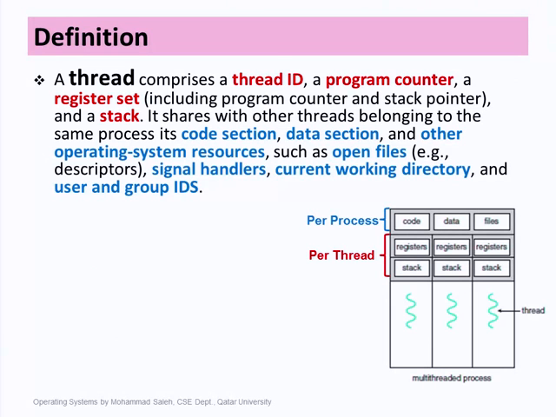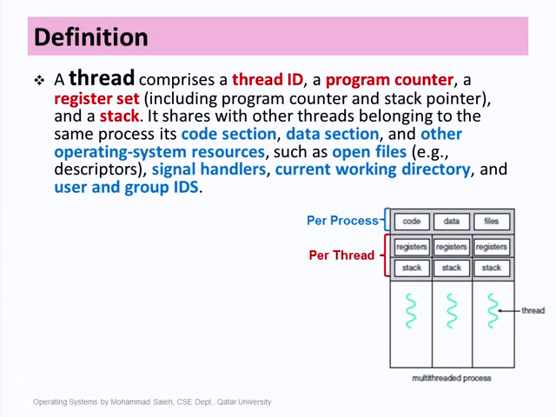It also does things, so we need a stack to keep information of what had been evaluated or executed so far. It has a data section and so on. Now, we can have multiple threads within a process.